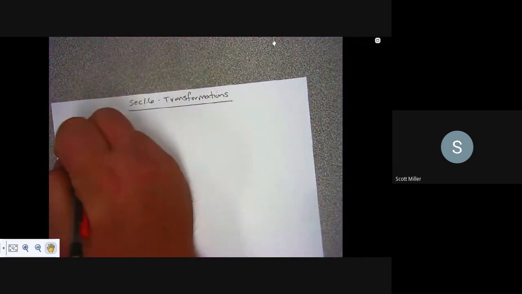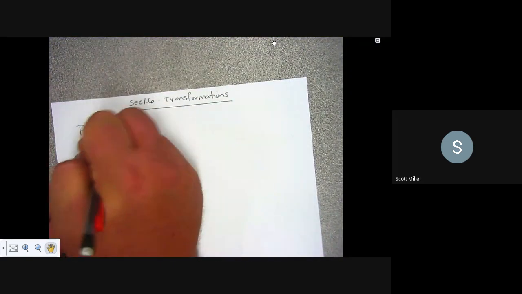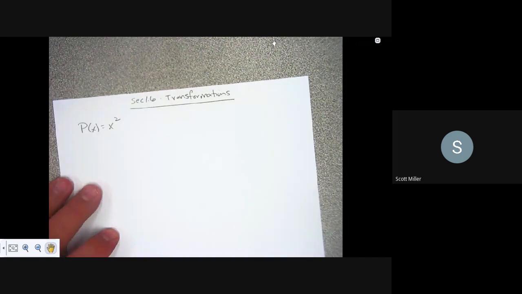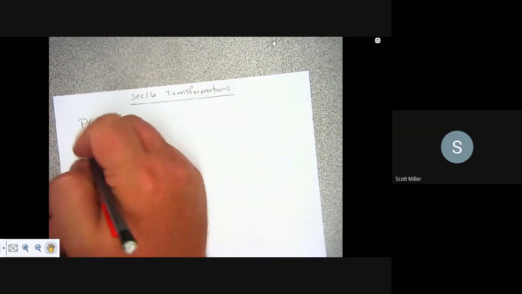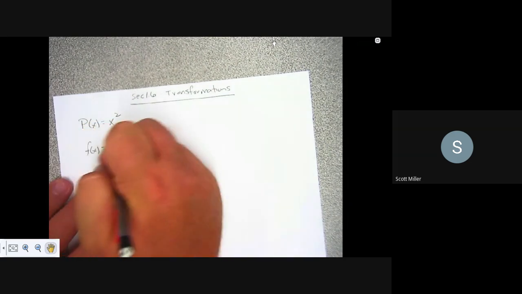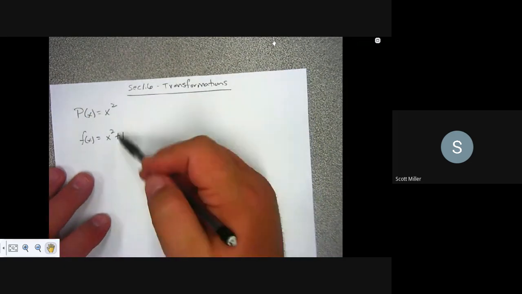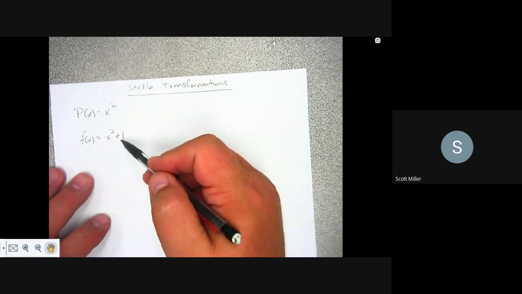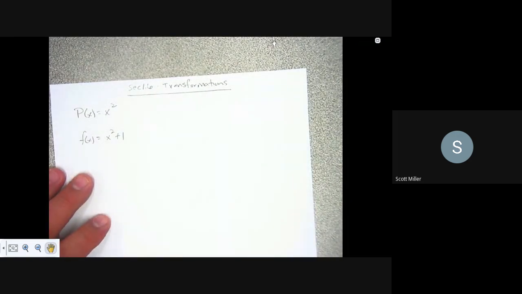So why does that happen? Let's take a look. I'm going to take my go-to parent function of x squared, and let's look at the up and down. For vertical, if I have a function f of x equals x squared plus 1, I can see that I have a constant on the outside, and so that falls into the translations up and down.